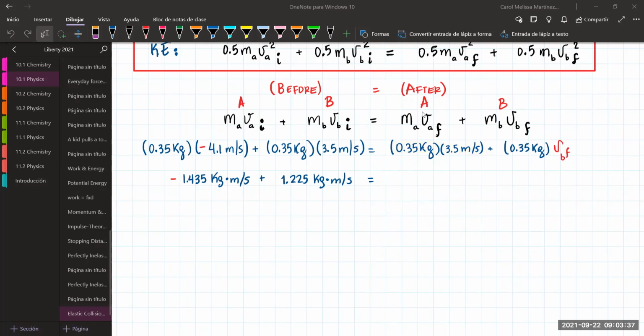Negative 13.125, sorry, 13.125 kilograms meters per second. And this one, I don't work with it yet, so I'm just going to write it.